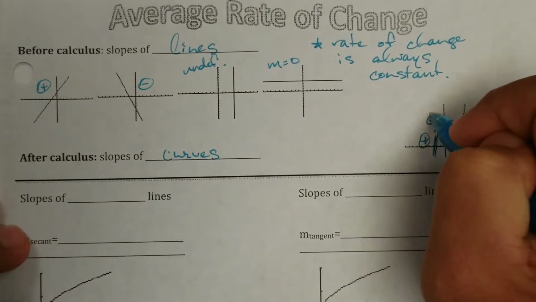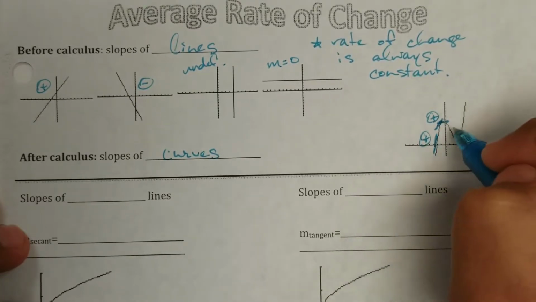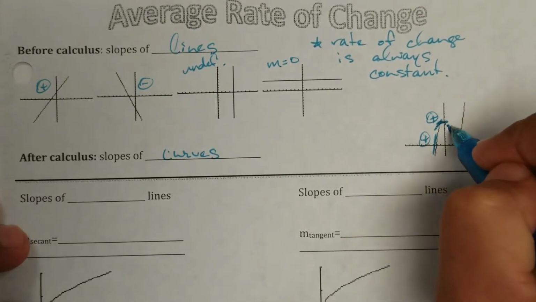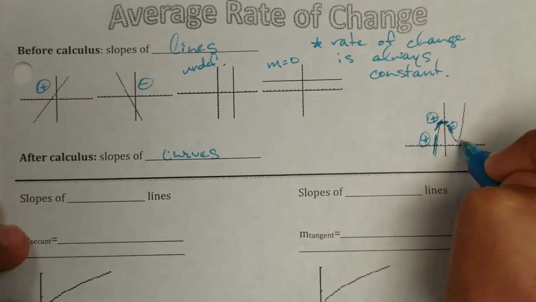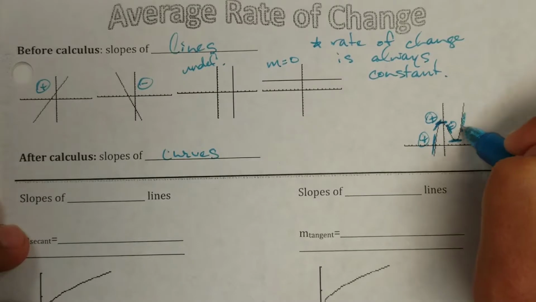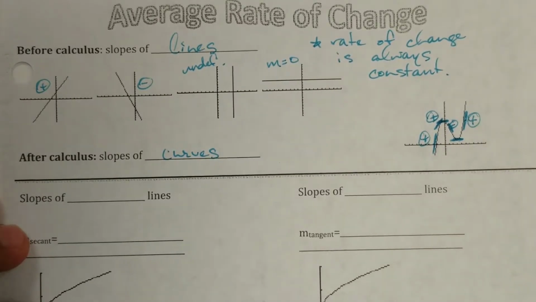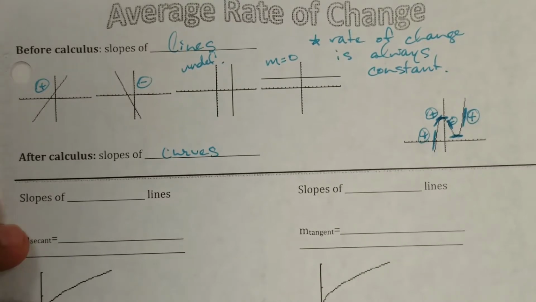Okay, positive slope. Then it turns constant right in here. Then it turns negative. Goes back to constant right there. And then it goes back to positive slope there. So throughout the entire curve, that slope is always changing.